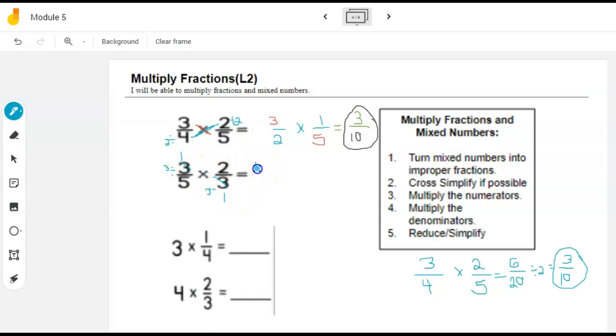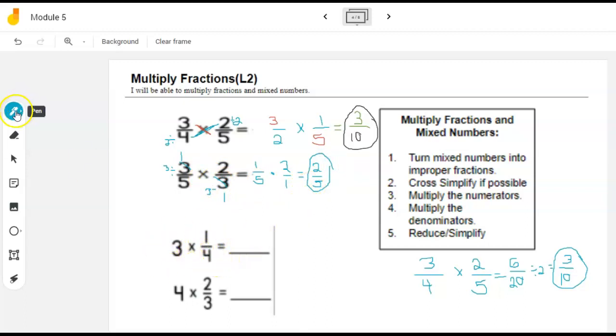So then I'm going to do 1/5 times 2 over 1. And remember, this dot is just another way to write multiplication. So I'm going to get 2/5. I just checked to make sure I can't reduce or simplify. I can't divide them by the same thing, so we're all done, because I've already done it at the beginning.